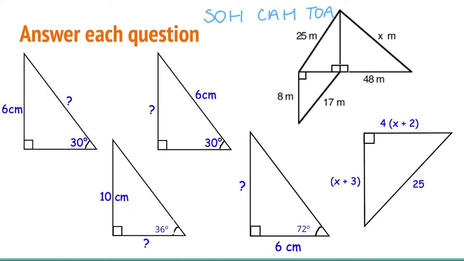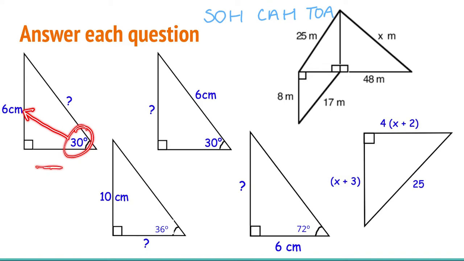Now when we label it, what we mean by the opposite, hypotenuse and adjacent is how we label the triangle. If this is my angle in the corner here at 30, and you'll always either have that given or be told to find one, then the opposite is the side that's opposite that angle and not connected to it.